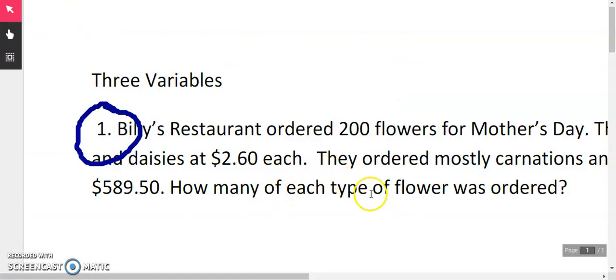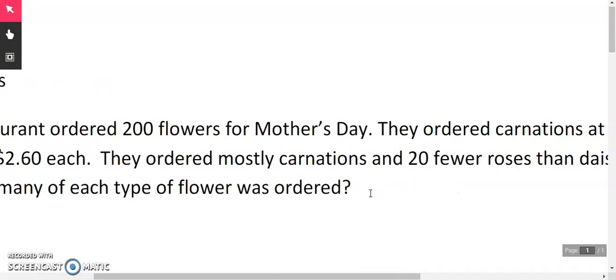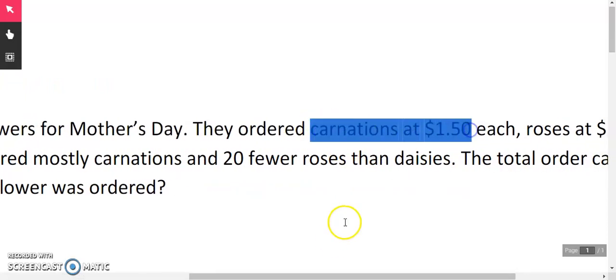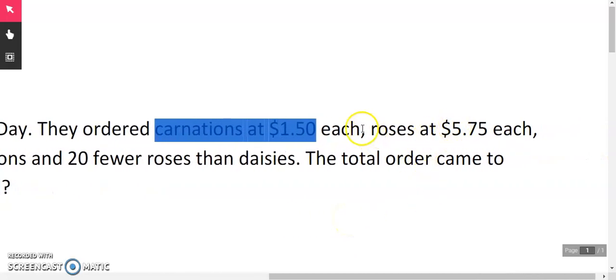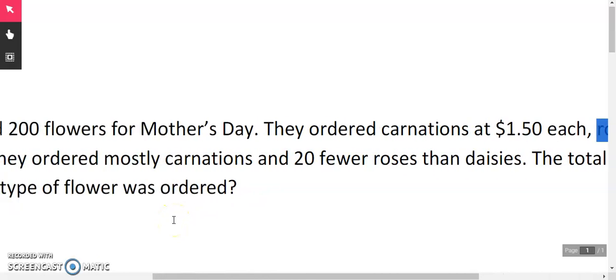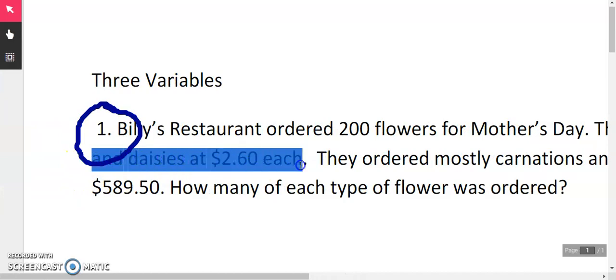So if I'm looking at this first one right here, it tells me that Billy has ordered 200 flowers for Mother's Day. He orders carnations at $1.50 each, roses at $5.75 each, and daisies at $2.60 each. So we've got three different types of flowers.